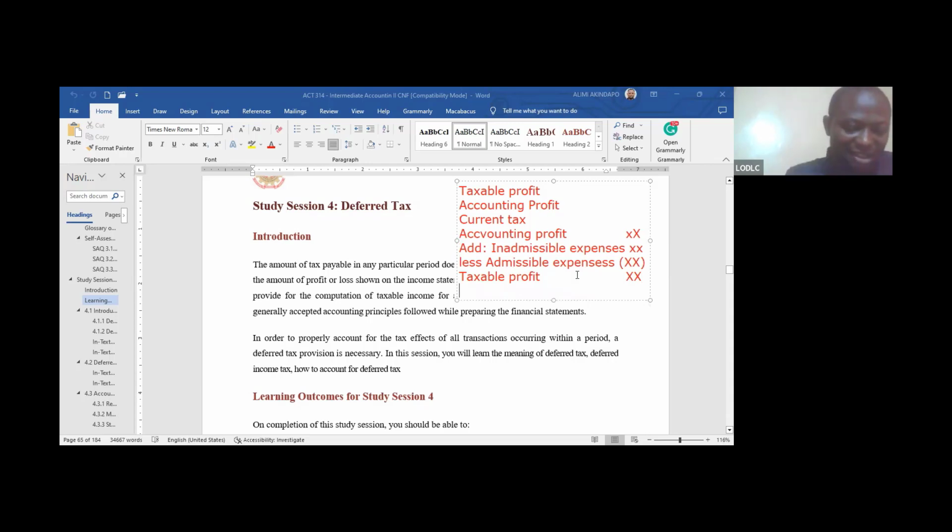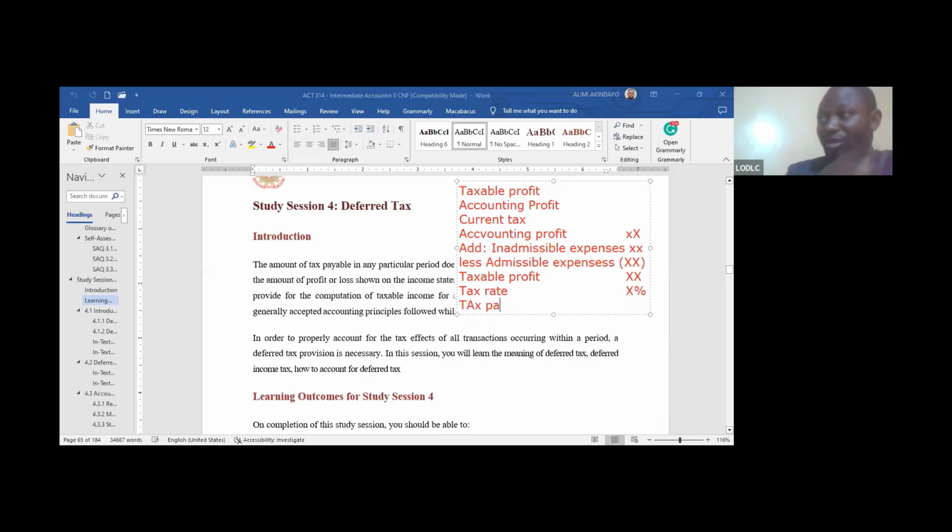The next thing is our tax rate. The rate of tax for a corporate company is 30%, right? So we multiply by the tax rate, X percentage, and then we have our tax payable.